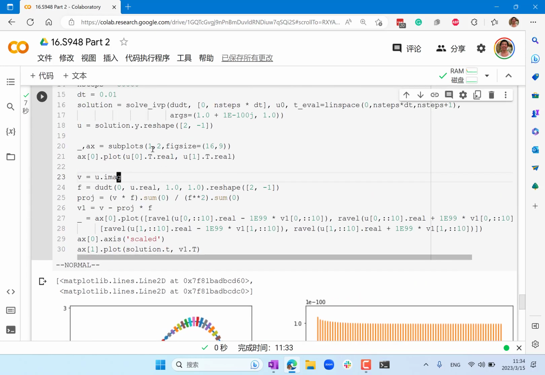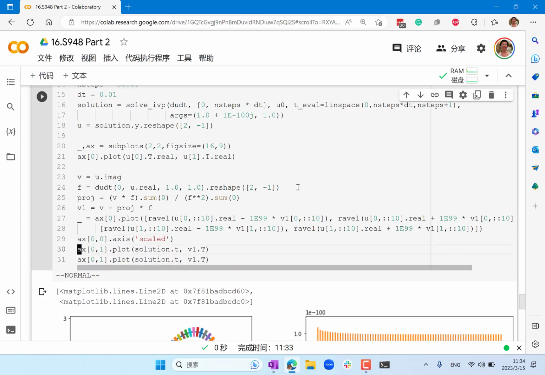Let me make sure I don't have a bug in the code by printing out what the original solution V is like.